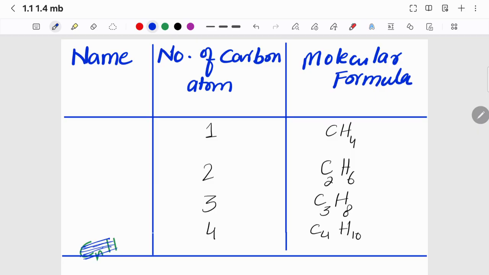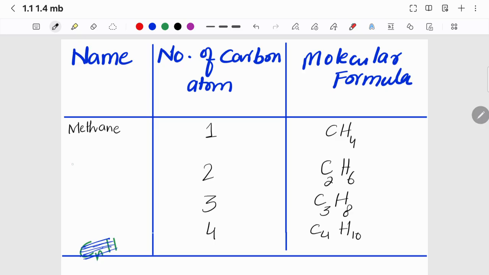I have told you earlier that if carbon number is 1, then it is meth. And for alkane we add ane at the end, so it would be methane.